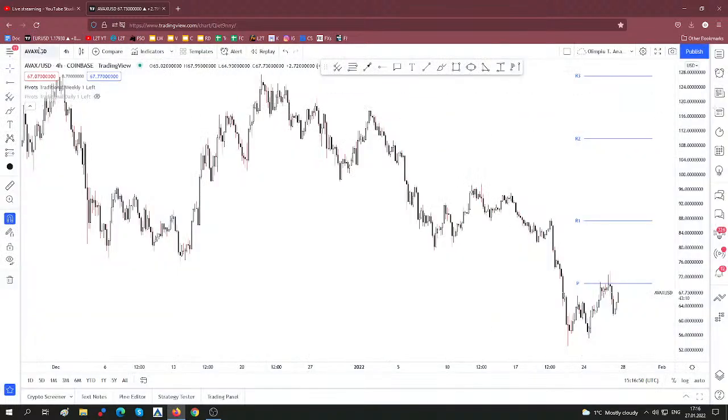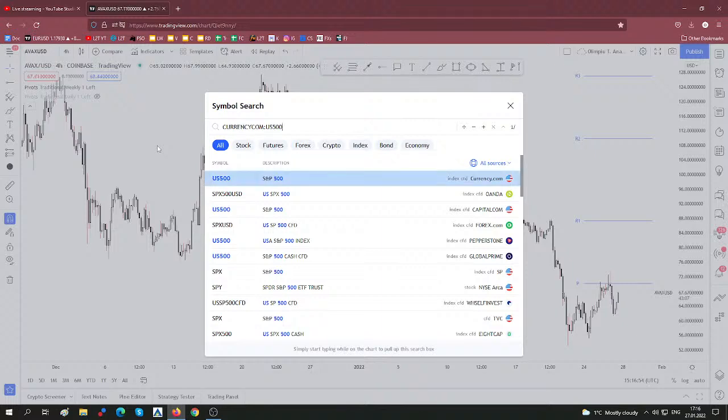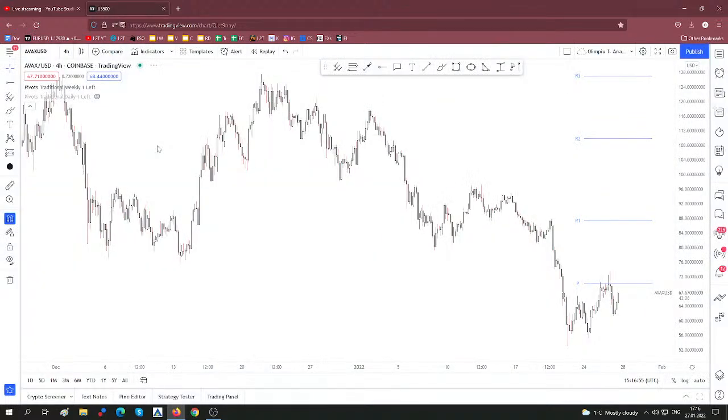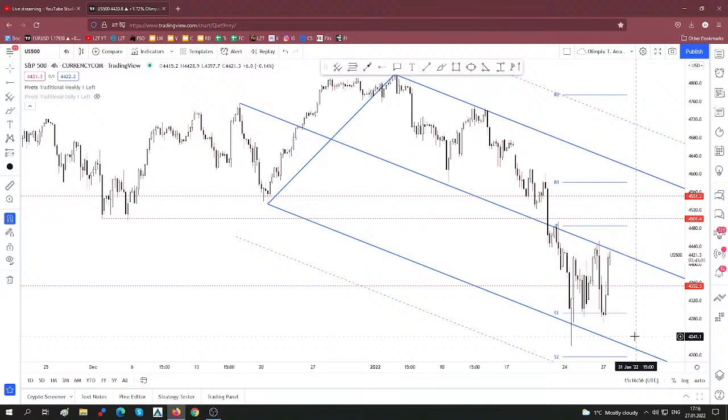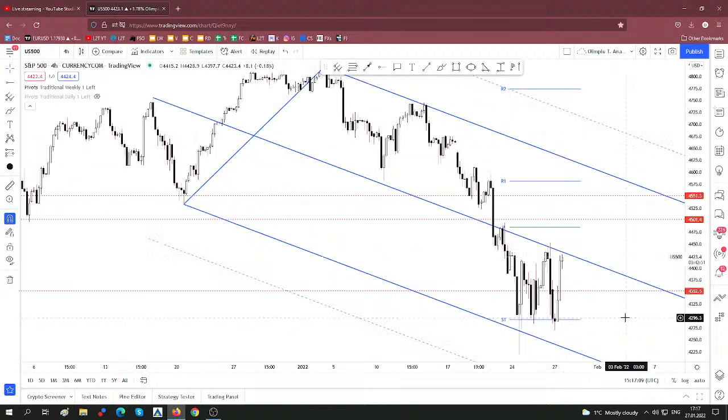Okay, so US 500. Same here, sideways movement, a false breakdown with great separation below the lower medium line of the descending pitchfork, and right now it could challenge the medium line. So I don't have something really good right now on US equities, unfortunately.